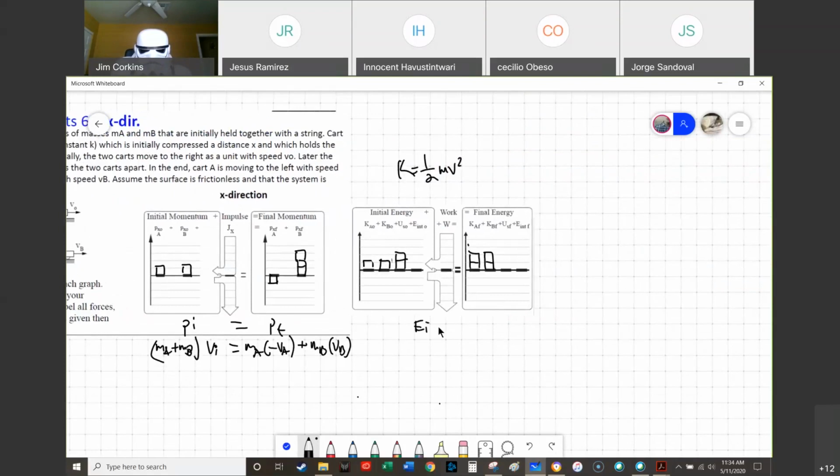Now we must apply the conservation of energy. Both of these are the same velocity here. This is the energy of the spring that causes the explosion.